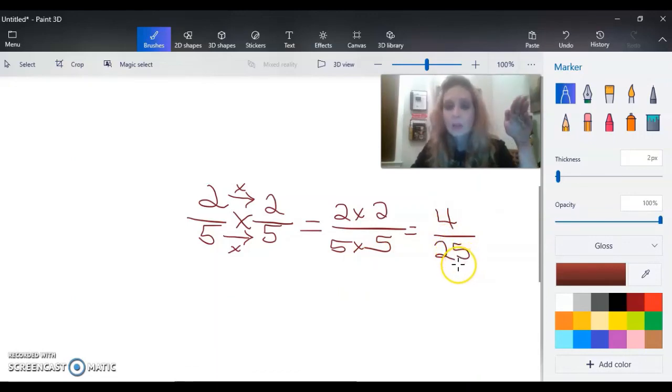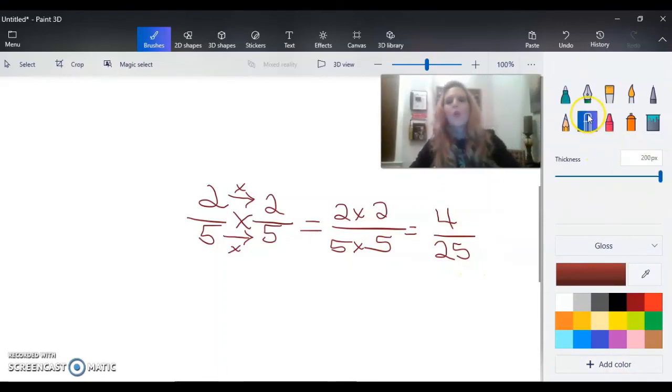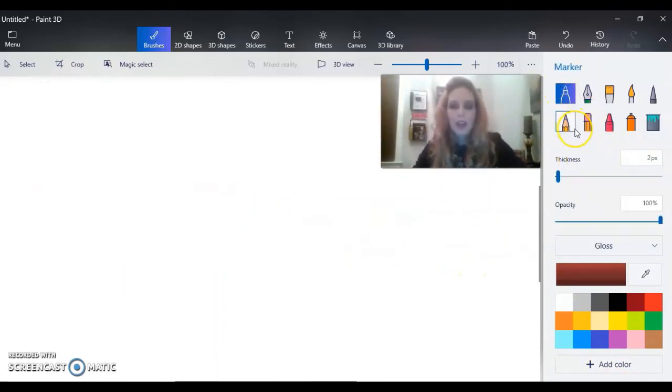Can I reduce? No, I cannot. There is no number that I can divide both of those by that's the same number. Awesome job. That's it. I'm done. Wow. Awesome job, guys. I'm so proud of you.